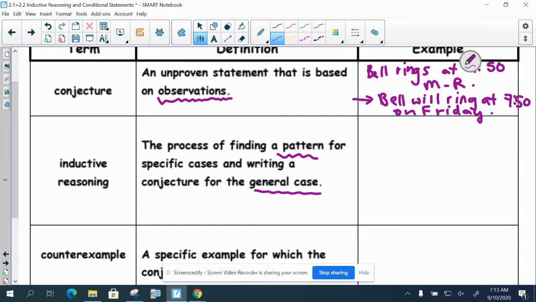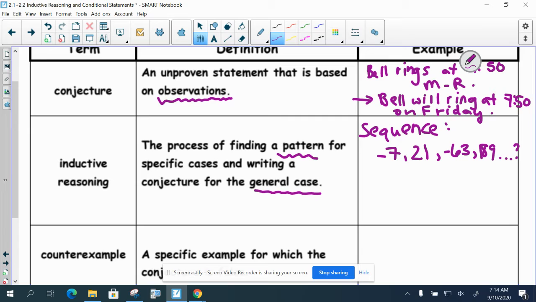So here's an example, a mathematical sequence. What would be the next number in the sequence of -7, 21, -63, 189? Well, you can see each time you're multiplying by -3.